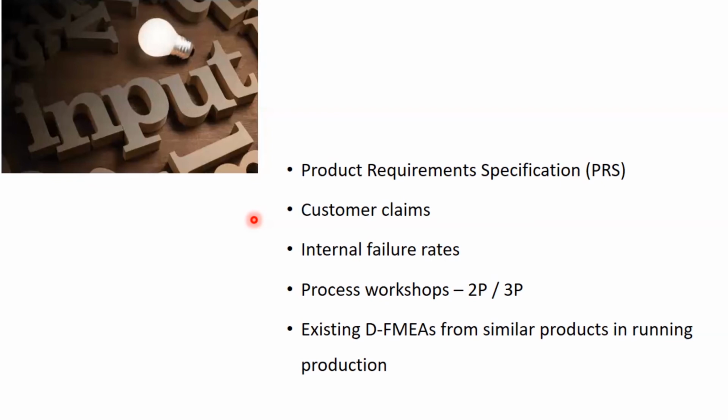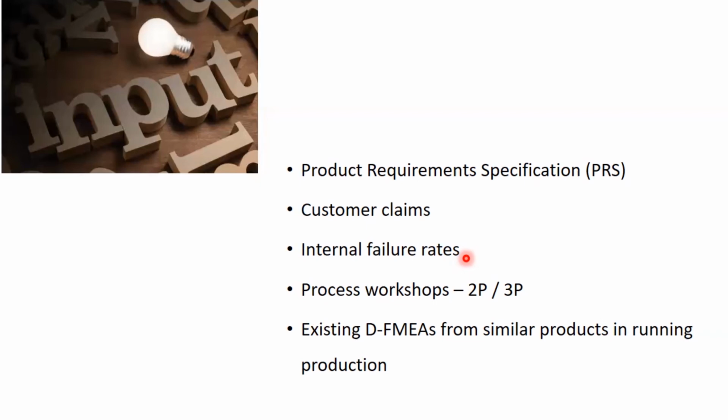Now, in the third point of internal failure rates, here we are trying to understand what all are the failures that have happened or been experienced in the product while manufacturing or while designing, or in something similar to a product that has already been in production or out in the market.